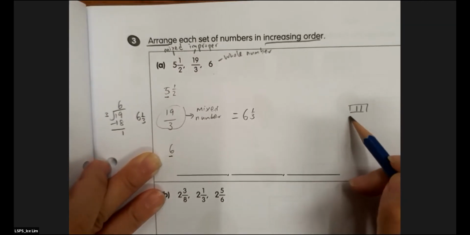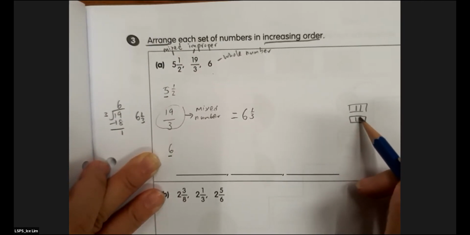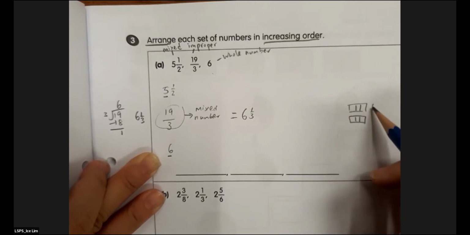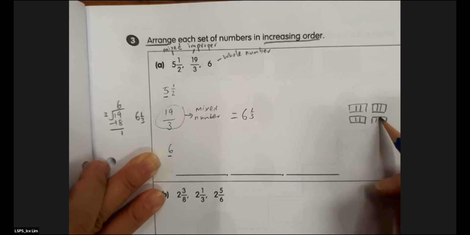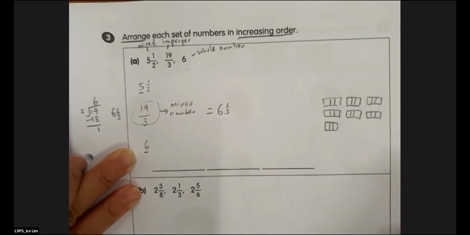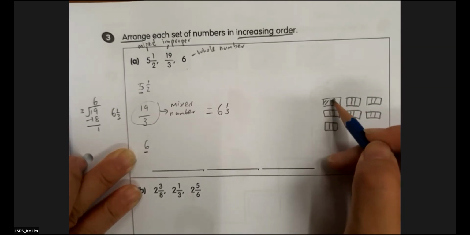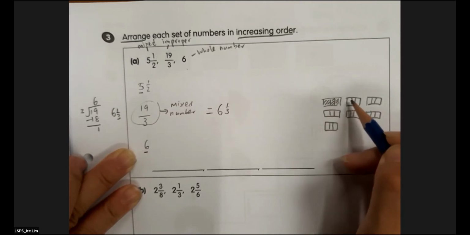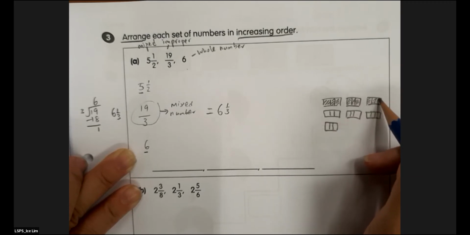If I really have to draw, go ahead and draw. Don't stop yourself from trying to find ways to help yourself to solve a problem. What I am saying is, by the time we reach a test or exam, hopefully by then, I no longer need to be drawing. I can do my conversions quickly.